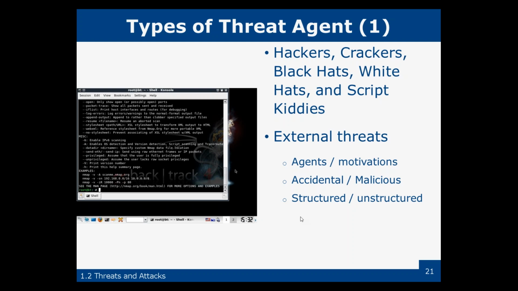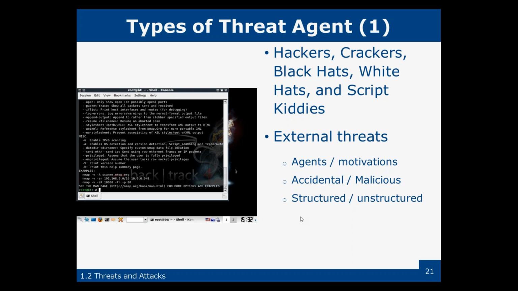A threat could be accidental or malicious, structured or unstructured. Accidental means that somebody didn't mean to do it, but they did it. Somebody deleted half of your server's database, but they didn't really mean to. But if it's a malicious attack, they intended to delete that.